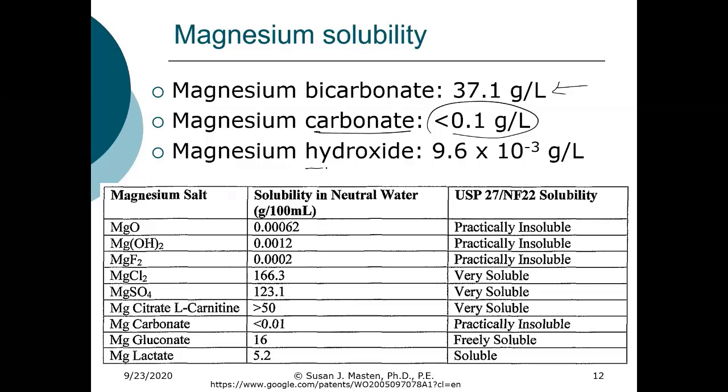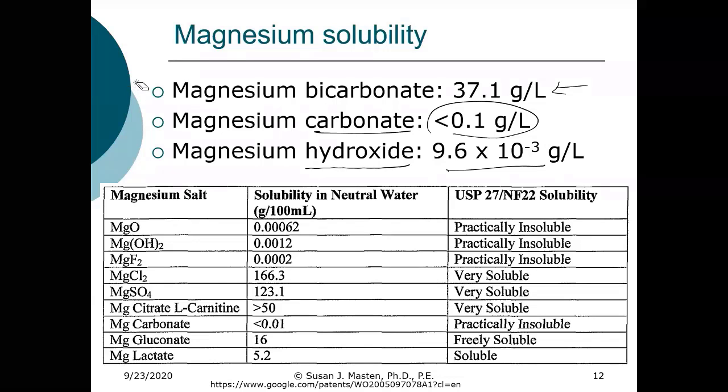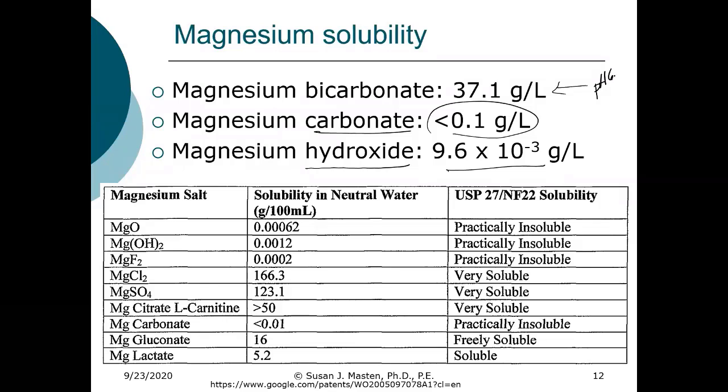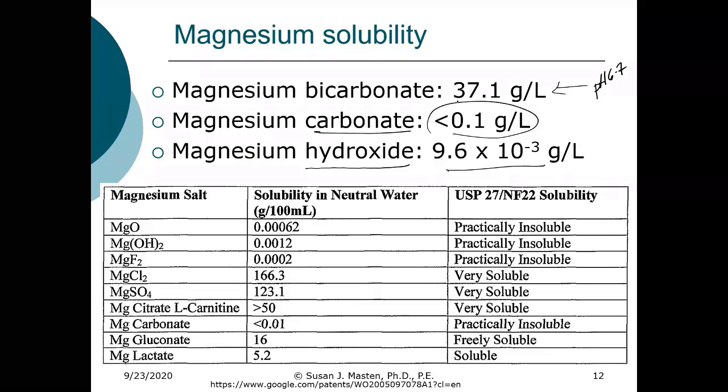However, if we can precipitate that magnesium as magnesium hydroxide instead of magnesium carbonate, the solubility decreases by about another 2 orders of magnitude. So starting at a pH of, let's say, around 6 to 7, where bicarbonate predominates, we have a solubility of magnesium bicarbonate of about 37 grams per liter.